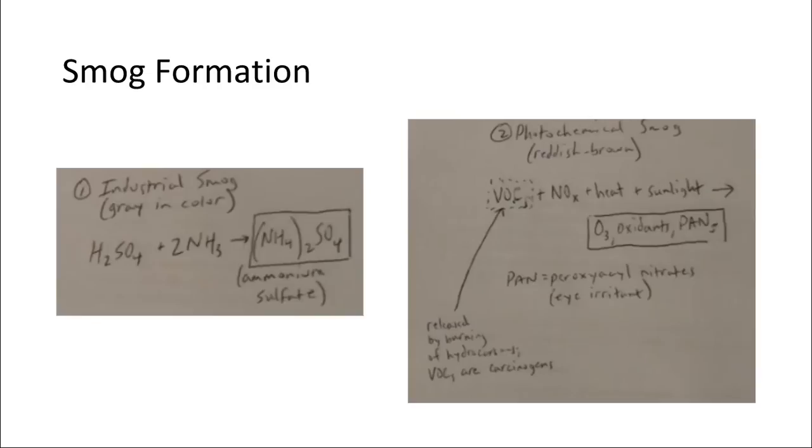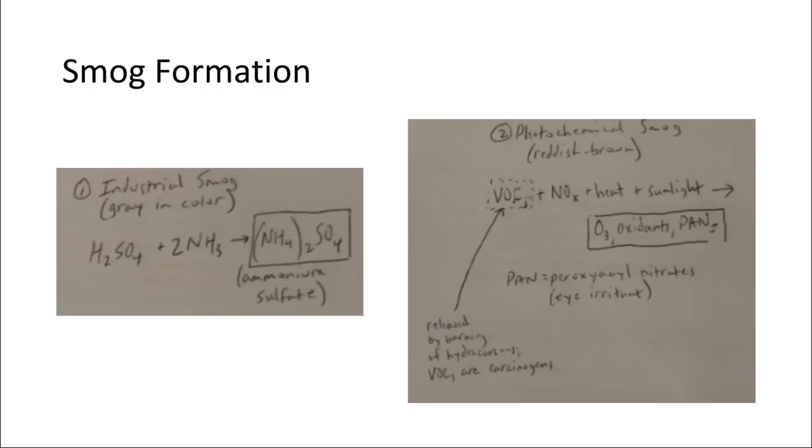The other type of smog is photochemical smog. This is where volatile organic compounds, which are primary air pollutants, and nitrogen oxides, which are also primary air pollutants, combine with heat and sunlight to form ozone. That's what O3 is.